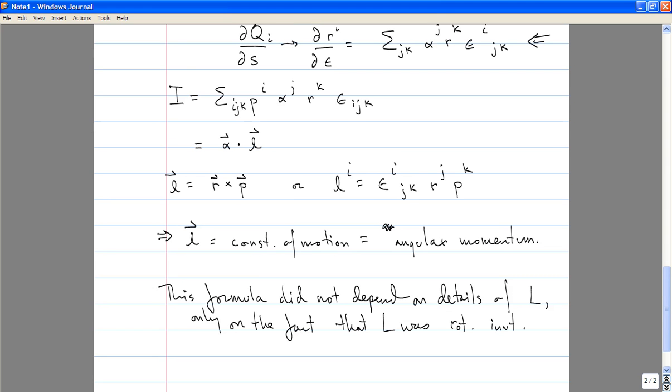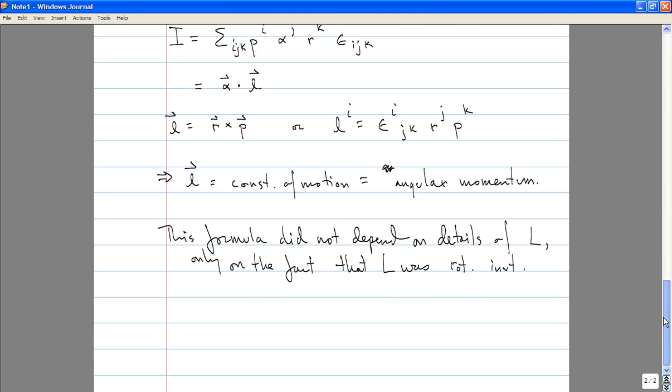So if we wish to write down a slightly more explicit formula for L in terms of r and its derivatives rather than just in terms of r and p, then we need to know what the momentum p is. So the momentum p in this case for our specific action was dL by d r dot, which was mu times r dot, mu times the velocity.